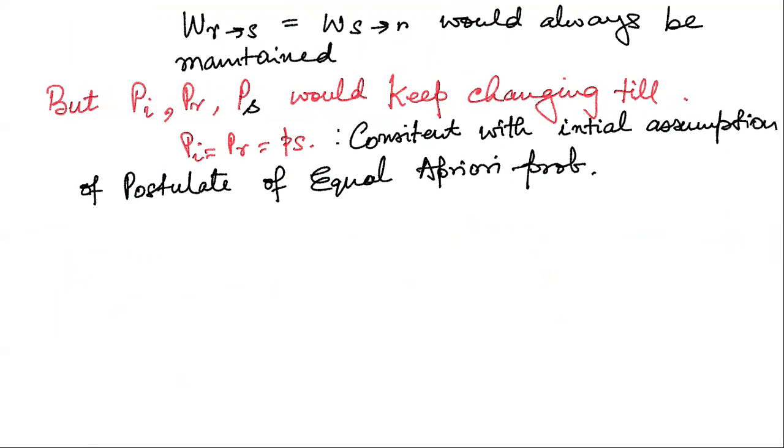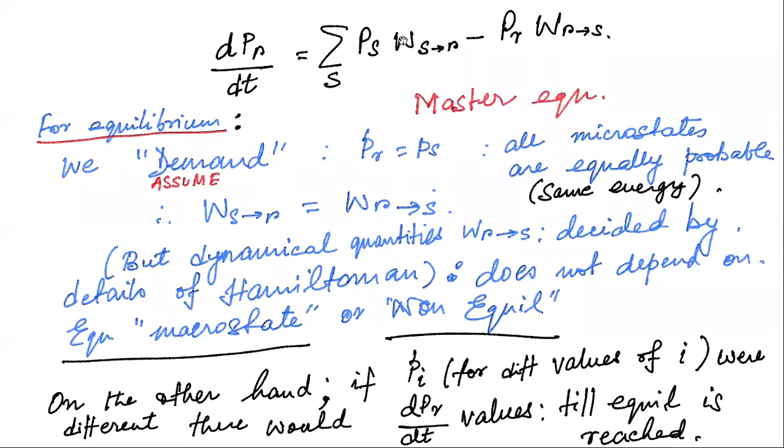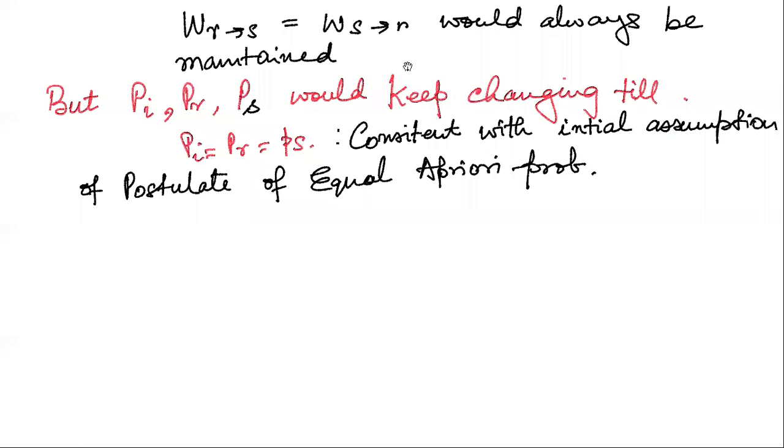So if by chance different microstates had different probability, right? Now since W_RS equal to W_SR, that would give a net probability current. Suppose P_R is greater than P_S, then there would be a net flow of probability.